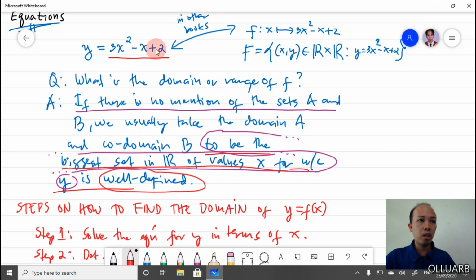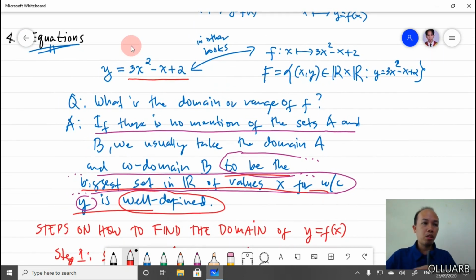This is a quadratic equation, very familiar to you from high school mathematics, an example of a quadratic function. It is always well defined for all real numbers x. So that is why the domain of this equation is the set of real numbers.